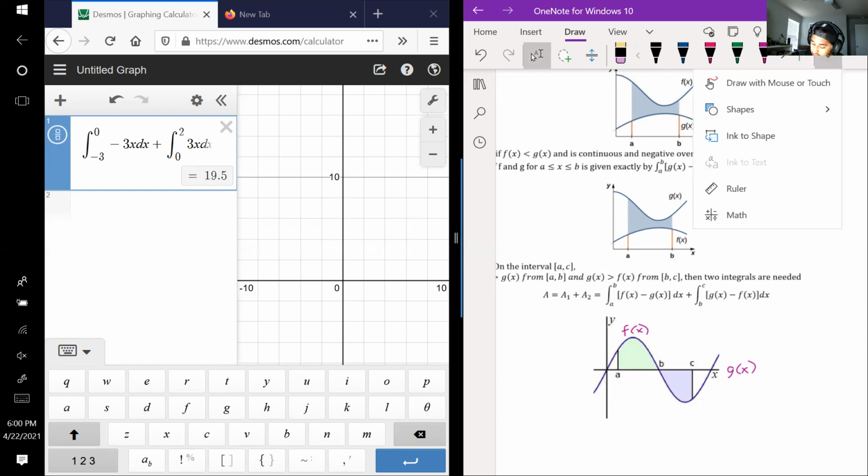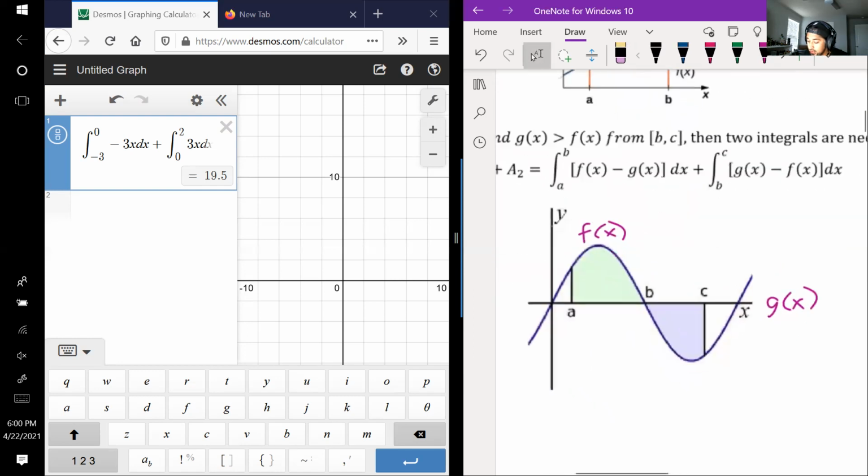So A to B is the interval we were working with. We could just use this for example. Let's say for that last one, the interval was -3 to 2. Here's -3, here's 2.